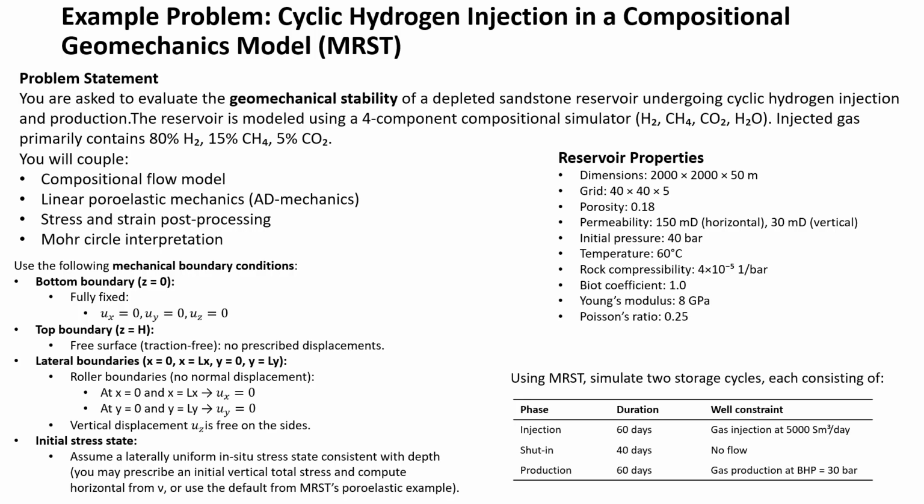We have a fixed bottom. Also, the lateral boundaries are fixed. You use initial uniform in situ stresses. The reservoir properties are given, and the table there, which you can see, would help you understand how many cycles you're supposed to carry out, which is just 2 cycles.